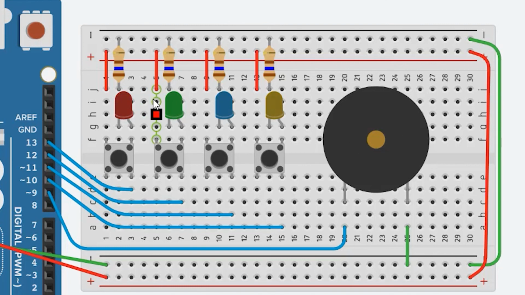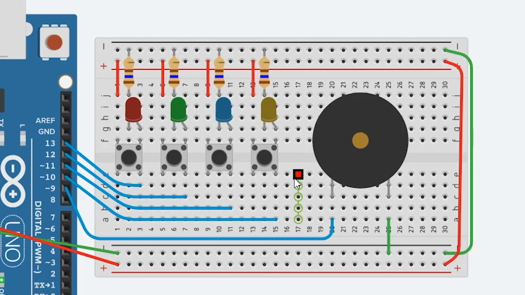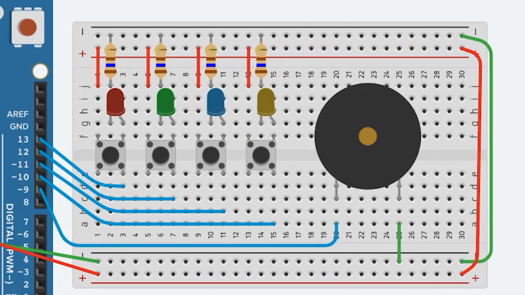And you can hear there's now a space between each of them, which is what we want, because if it repeats, we want to be able to see it flash twice. So now our game is complete.